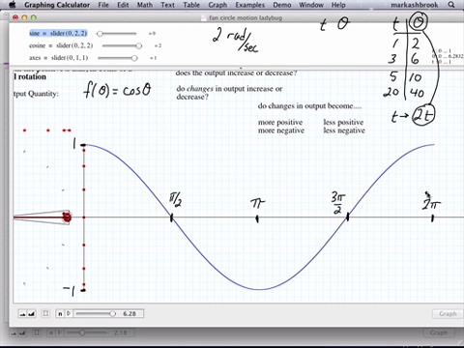And this value, 2 pi, is the interval of input, right?